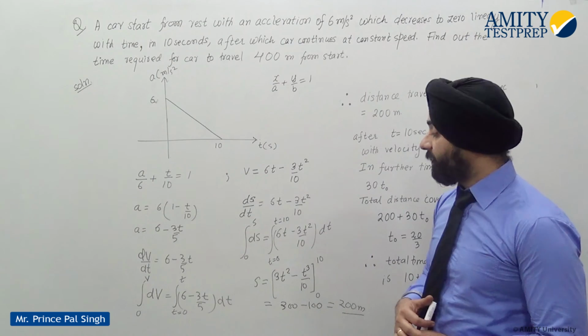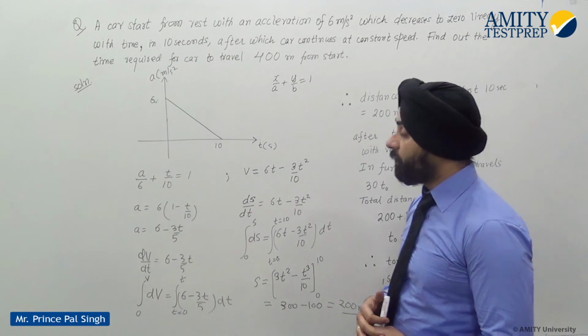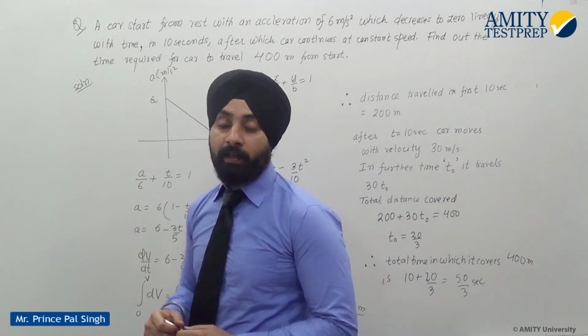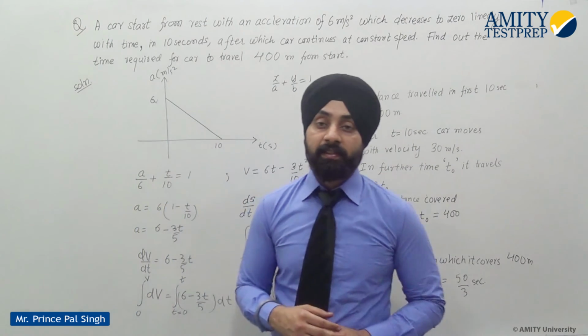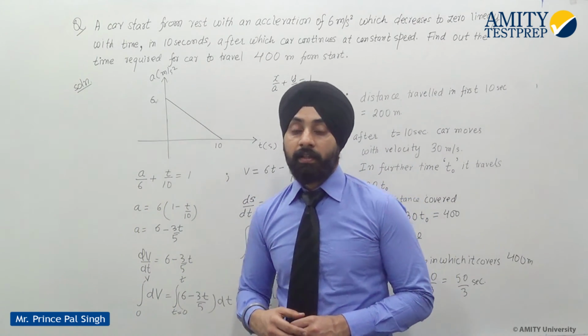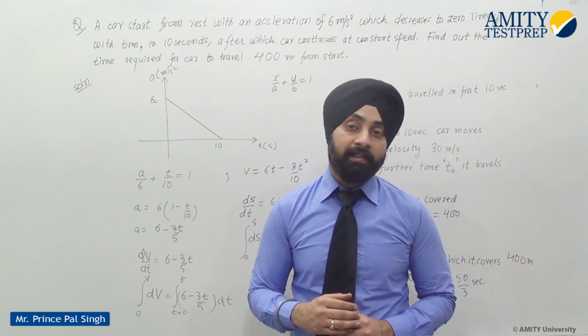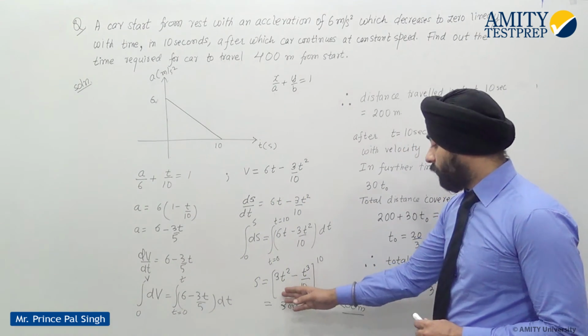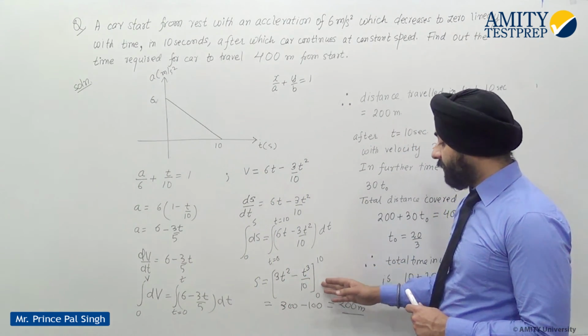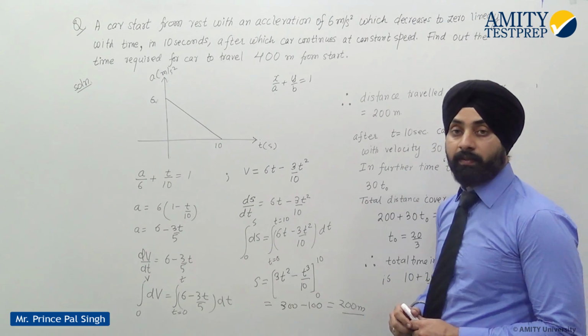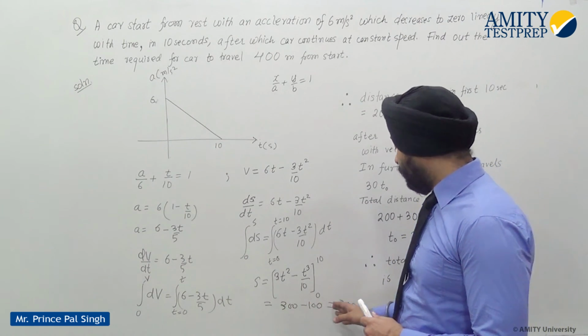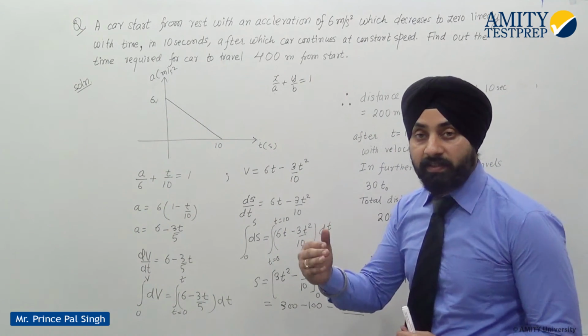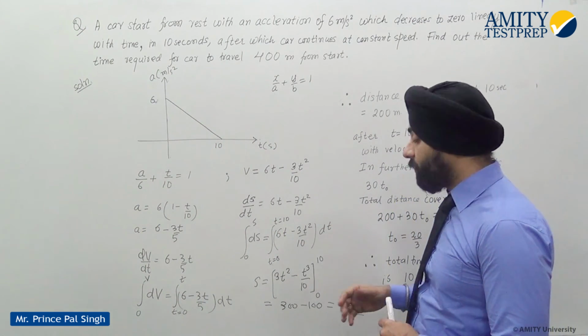Again, on integrating this, we find the distance travelled by the car in the first 10 seconds, during which it is moving with non-uniform acceleration. On integrating and putting the limits, the total distance travelled by the particle in the first 10 seconds is 200 meters.